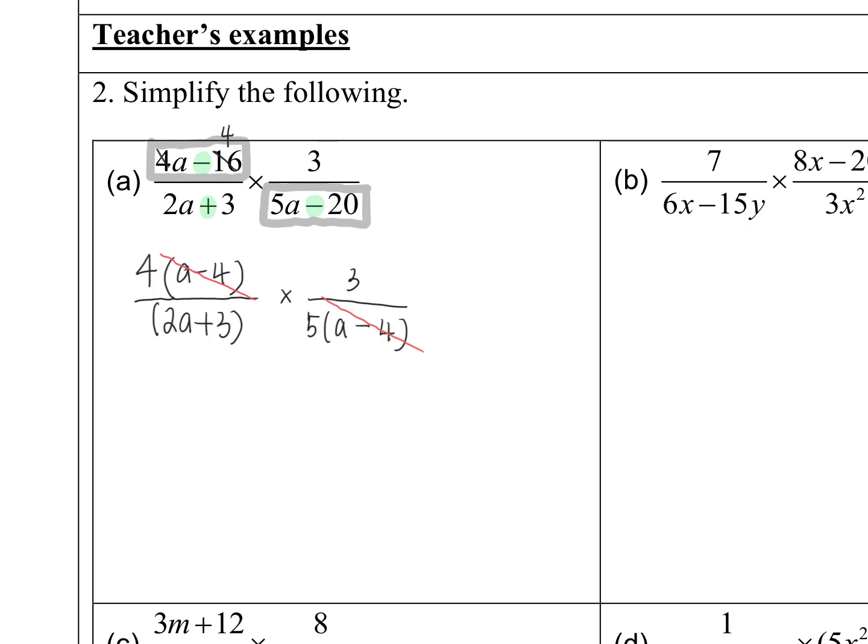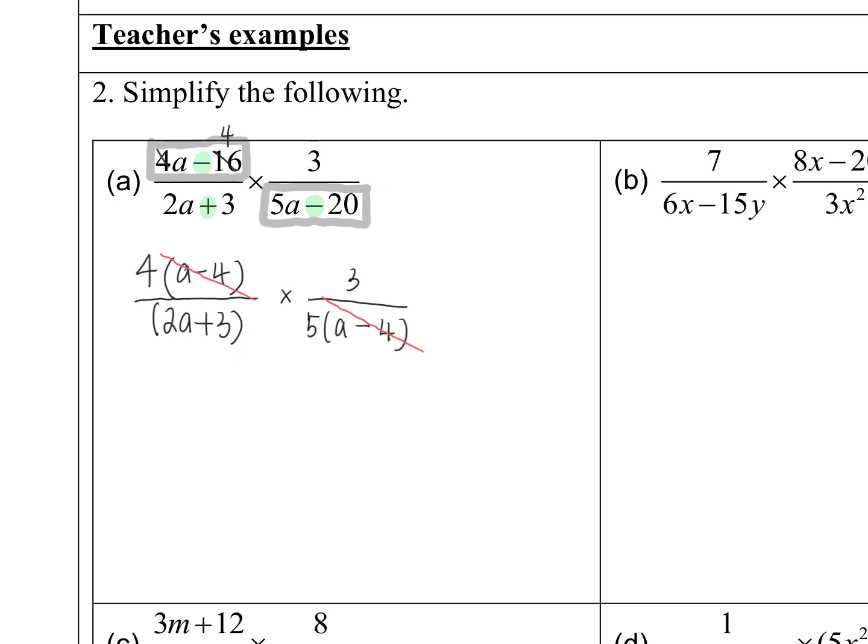The plus and the minus must be within a bracket before you can cancel the whole thing out. You cannot just start cancellation. Then look very carefully. Is there any other thing you can cancel? The 3 with who? I cannot cancel because this is one group.